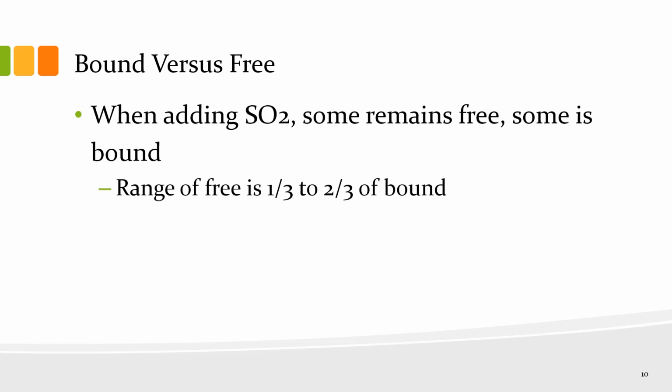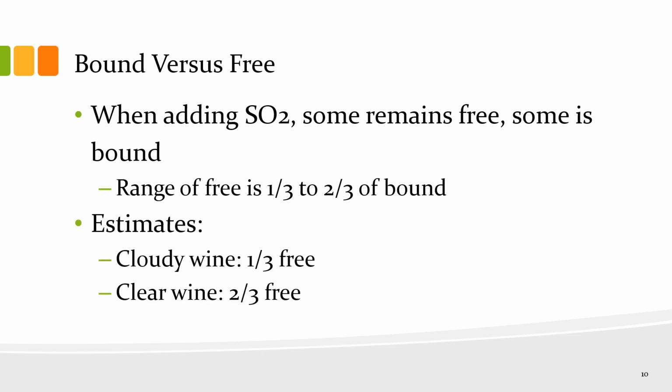And we guess that the range of free is usually between 1/3 and 2/3 of the addition, and it depends on whether the wine is cloudy or clear. So if the wine is cloudy, we estimate that 1/3 of the added SO2 will be free. All right? So if the wine is cloudy, 1/3 of what we add will become free.